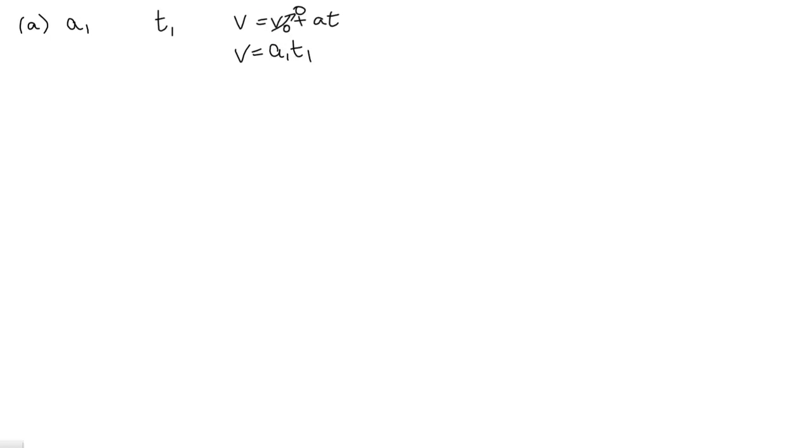So this number and this number are known to you. The first question is asking us to find the time for the whole race. If we know the first part is t1 and we know that number, what we really need to find is t2.